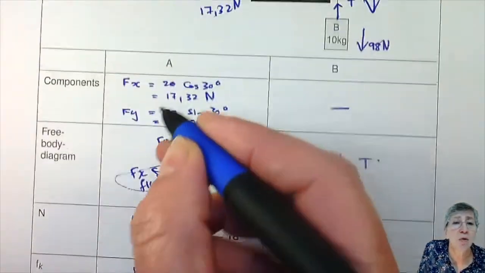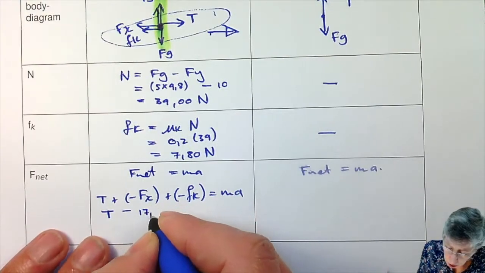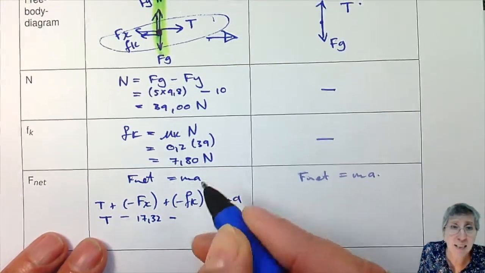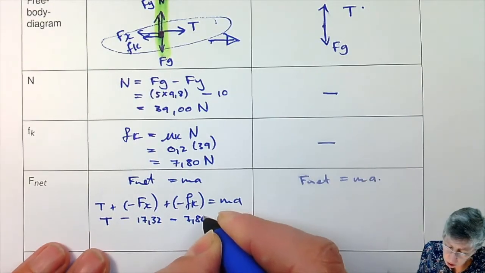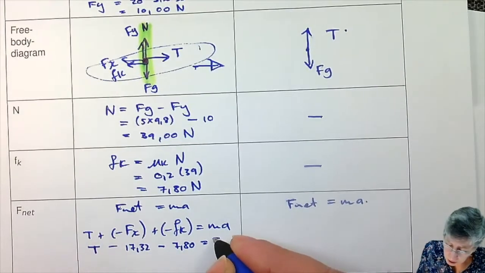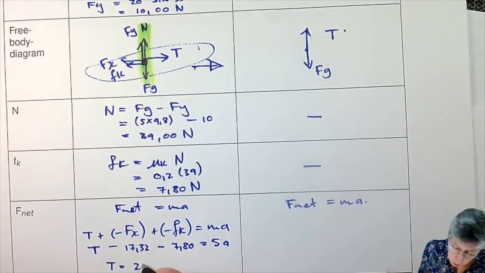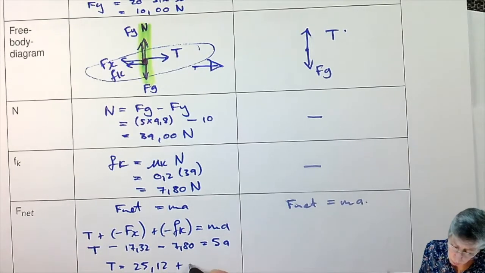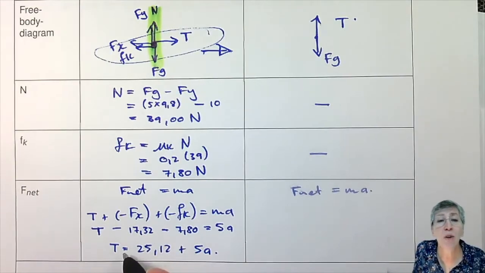That Fx, we've already calculated, it's 17,32 minus, and then the frictional force we've also worked out 7,80, and the mass of that one was 5, and a is another unknown. So here we end up with our T equals 25,12 plus 5a. Right, so check your maths if you had this correct.